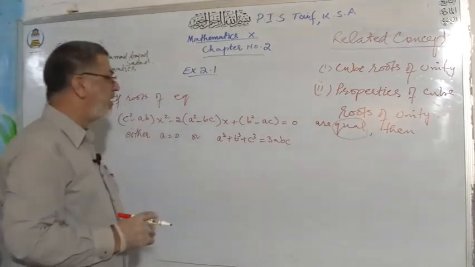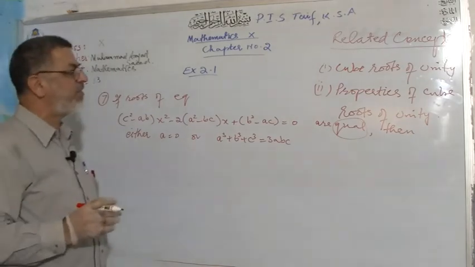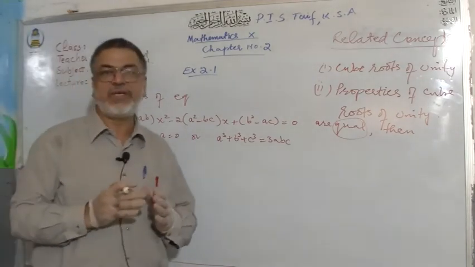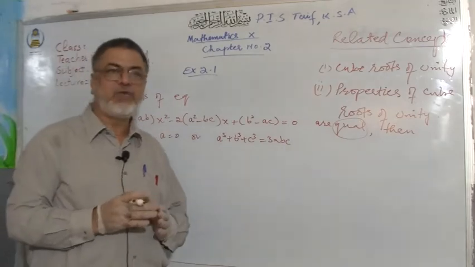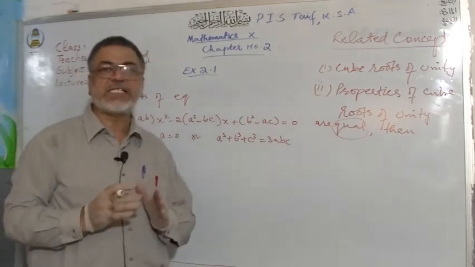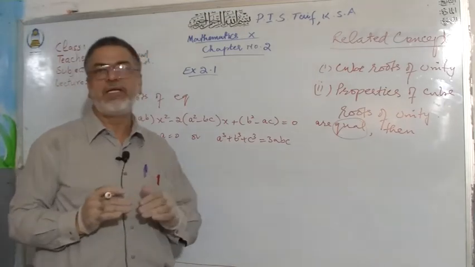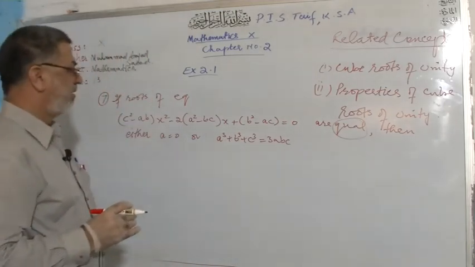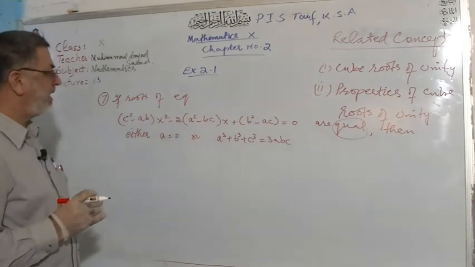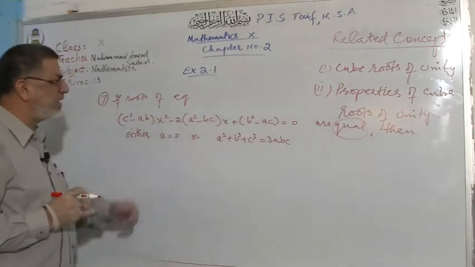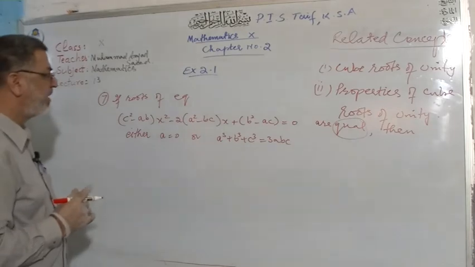Last time I told you that whenever the roots of an equation are equal, then its disc will be equal to 0. Roots will be equal and disc will be 0. So that is the rule which we will apply here.